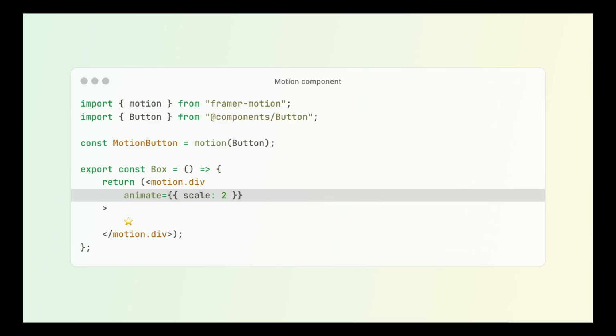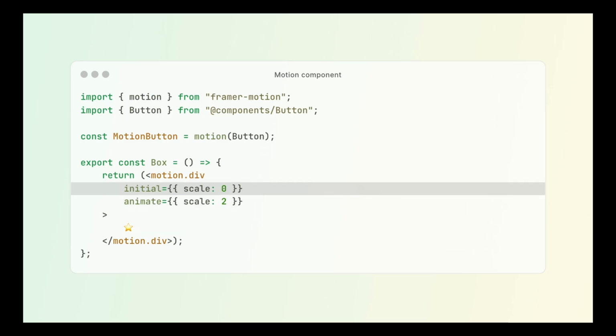Framer Motion provides a couple of shorthands for properties, so you can animate any CSS property, and additionally to that, you have separate properties for scale, rotate, translateX, translateY, and other properties which otherwise go into the CSS transform property. So in this case, React will mount the div element with scale of 1, which is just the default. And then from there, Framer Motion will pick it up and gradually animate the scale to 2.